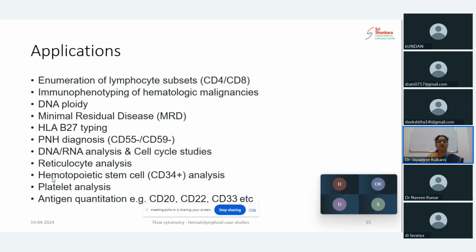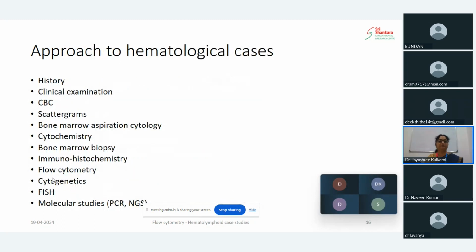So for that, we do something called hematopoietic stem cell analysis or stem cell enumeration. That is a different topic altogether. We can do it some other time. Platelet analysis is coming up in a big way on flow cytometry. Not only that, quantification of many antibodies. These are used especially for therapeutic purposes also and prognostication also.